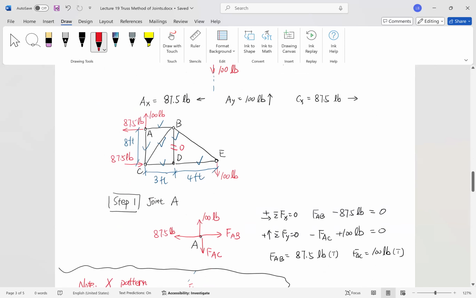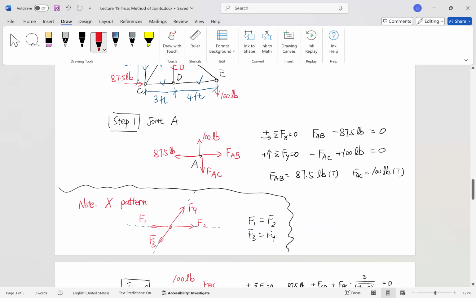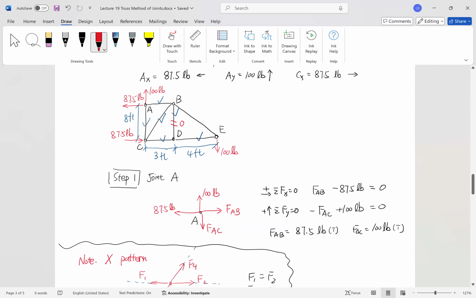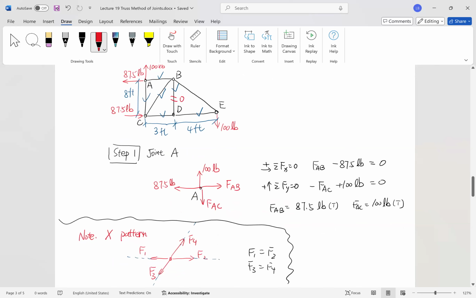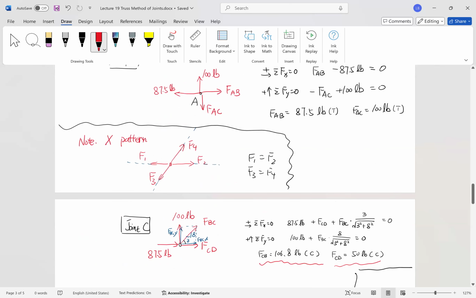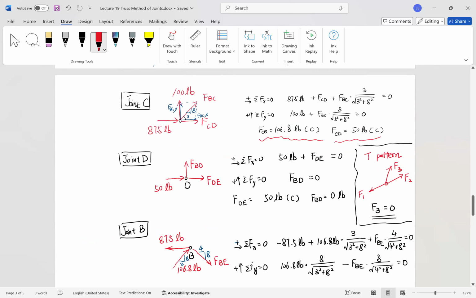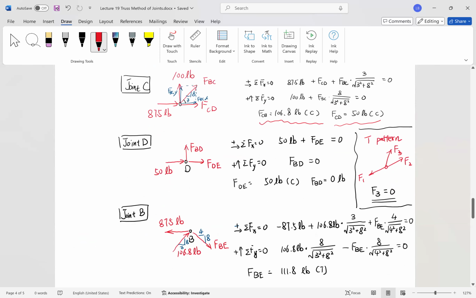Then it is a tedious process. By looking at the free body diagram, we started from the truss nodes with no more than 2 unknowns. Then we repeat the particle equilibrium joint by joint, until we solved all the unknown member forces here.